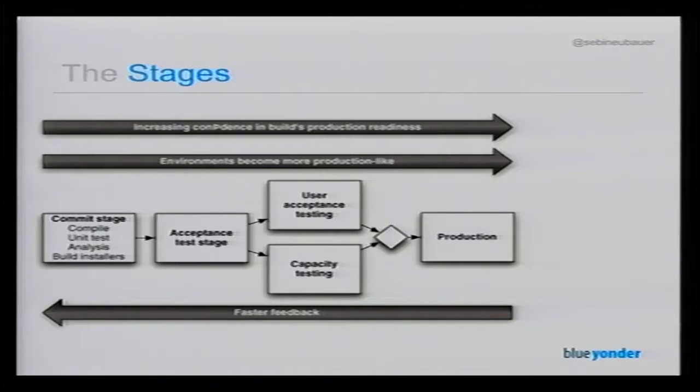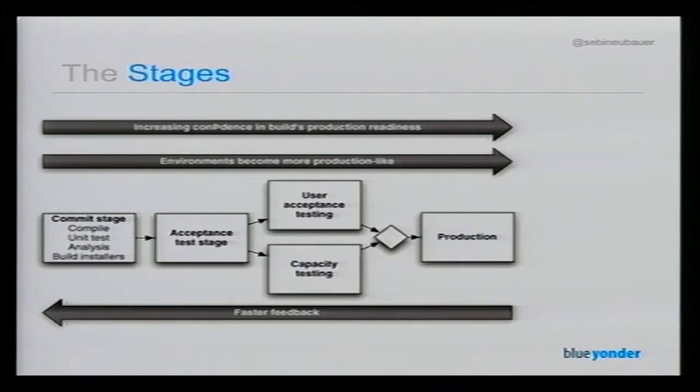The same is true to the right: the environments where we test these things need to be more production-like. We have an environment which is called production. This means maybe an EC2 instance on Amazon. So it's a good idea to try to be as production-like within the environments as possible in the early stages.